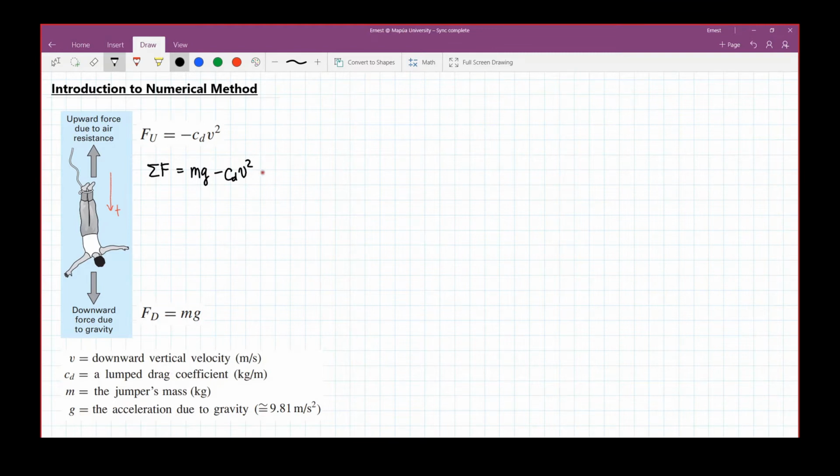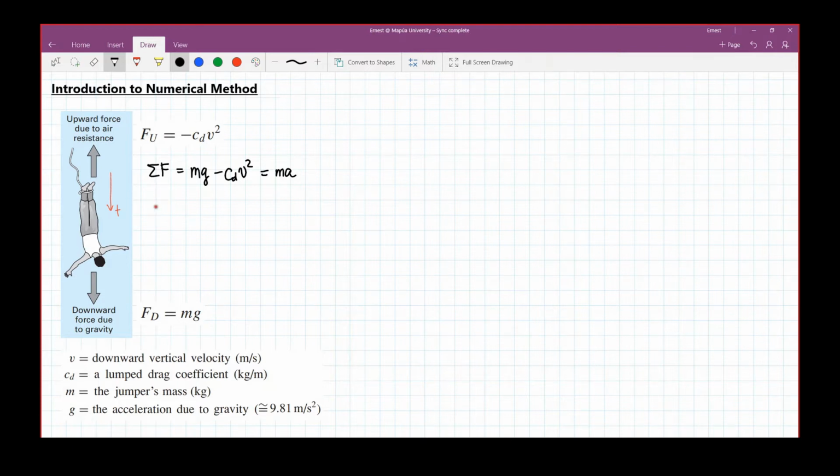Okay, and by Newton's laws, this is equal to the mass times the acceleration of the person. Okay, and we know that acceleration is the derivative of the velocity with respect to time. And then dividing everything by mass, we end up with this differential equation.